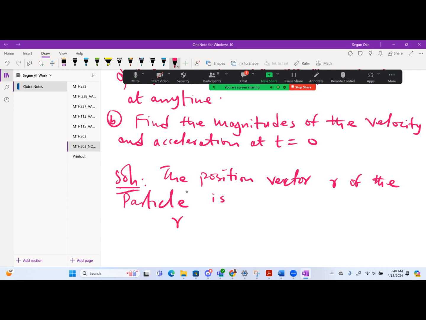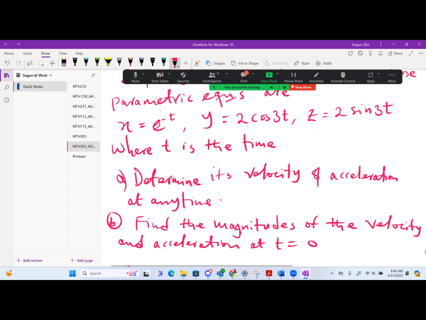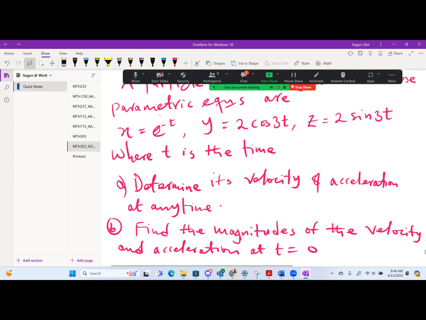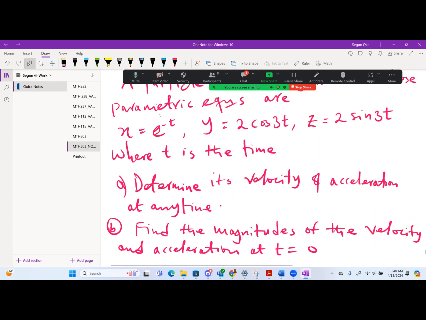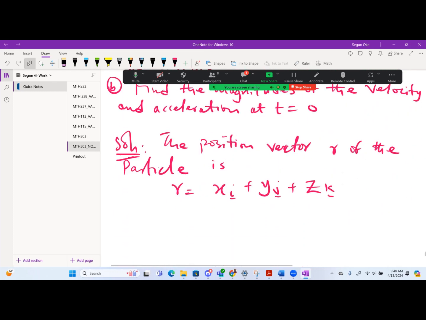R equals xi, don't forget the components, plus yj plus zk. So we need to add all of them. Don't forget you are given x, y, z. Add all of them together: x with i, y with j, and z with k.